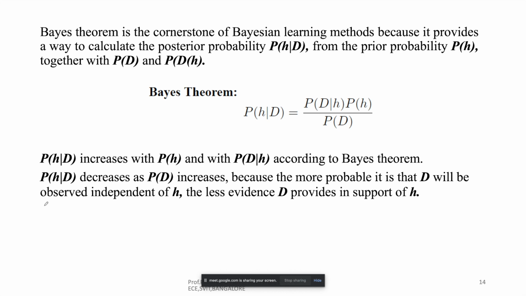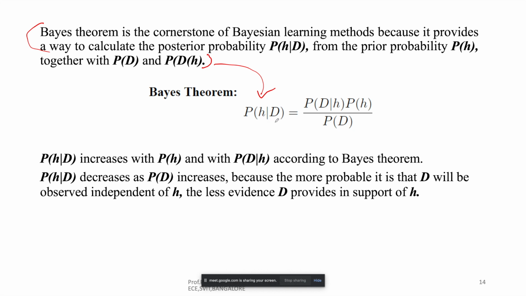Bayes theorem is the cornerstone of Bayesian learning methods because it provides a way to calculate the posterior probability from the prior probability together with P of D and P of D given H. Okay, so this particular theorem statement is put in the form of a formula.